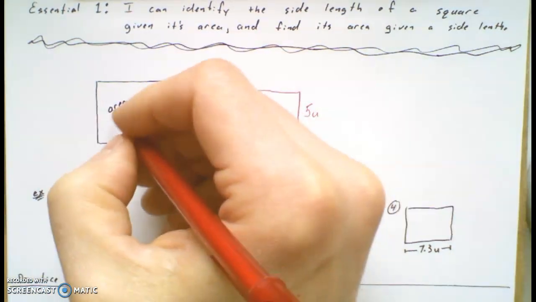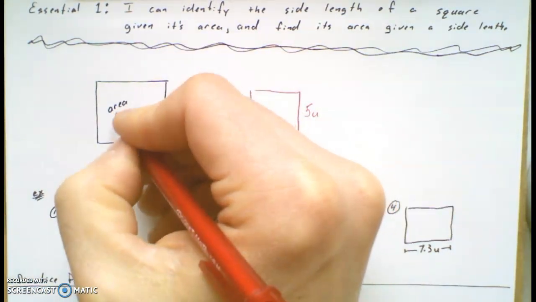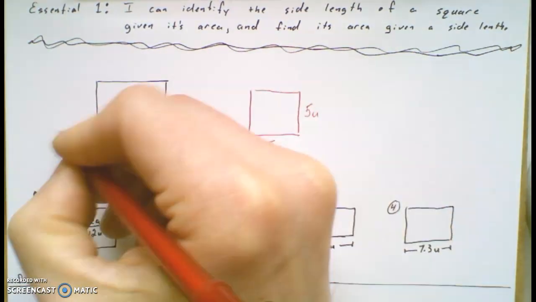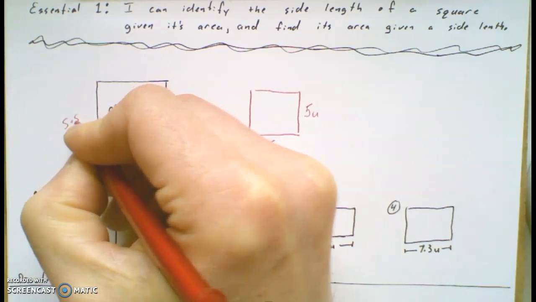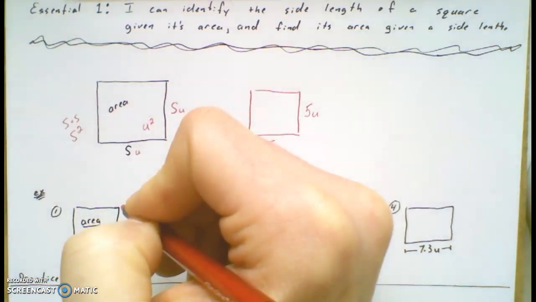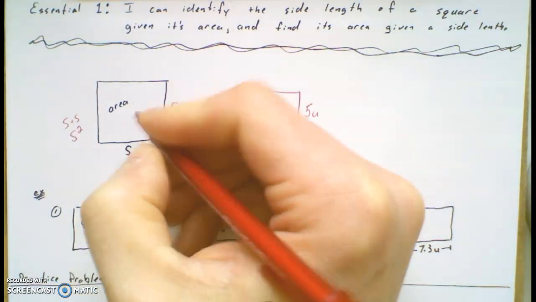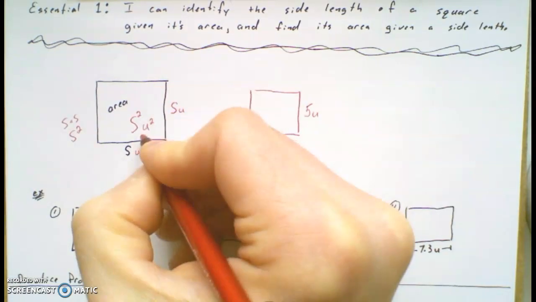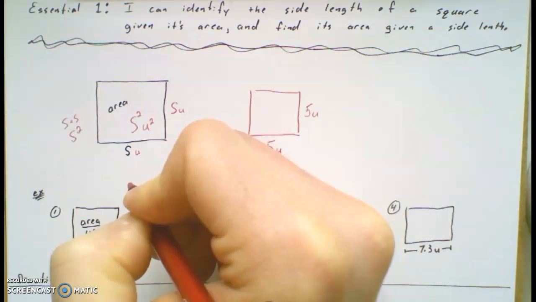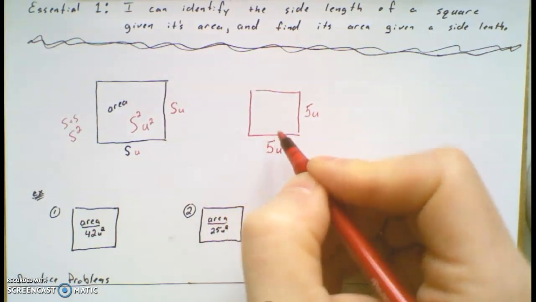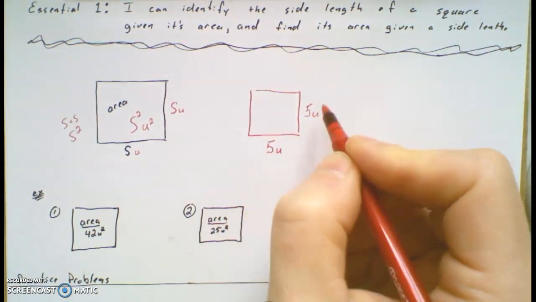So how we represent this generically is that this area, since this is S and this is S, that's just S times S, or we can just write that as S squared, okay? So this is going to be S squared, or S times S units squared, okay? So in this case, on a more concrete example, I'm just going to take the 5 times 5.